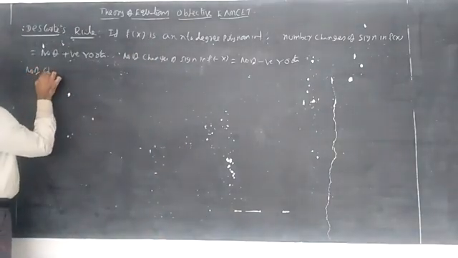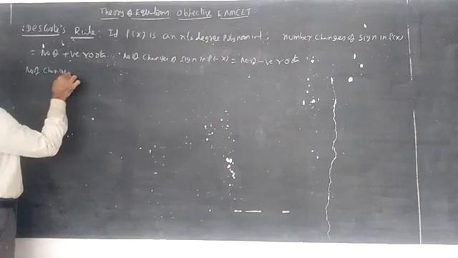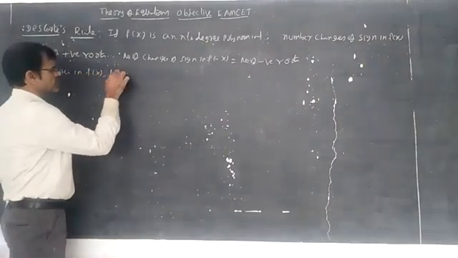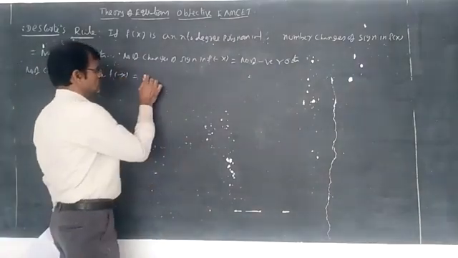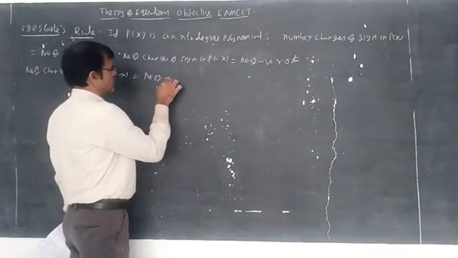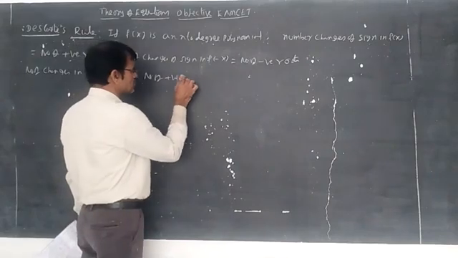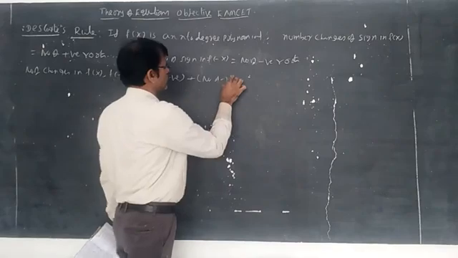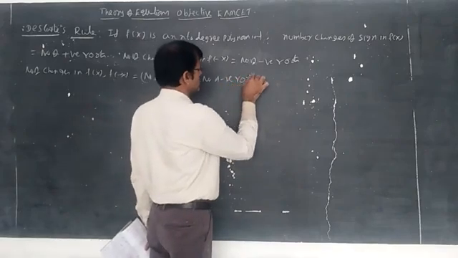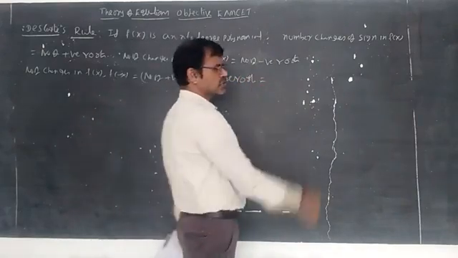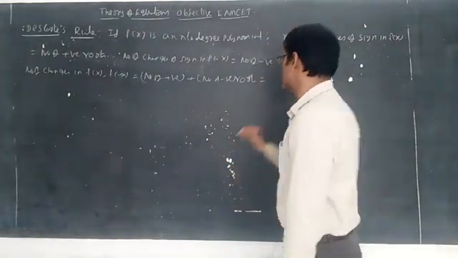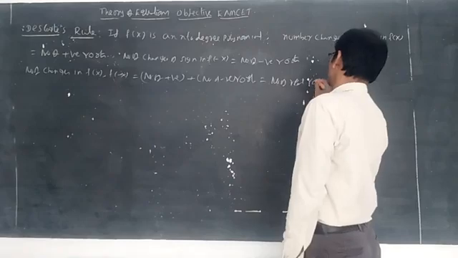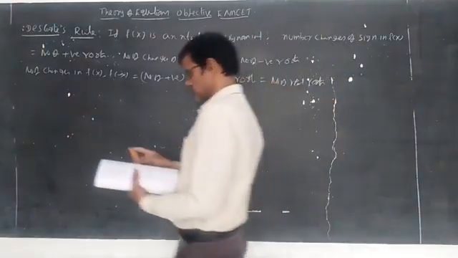Next, the number of changes in f of x and f of minus x is equal to the number of positive roots plus the number of negative roots, that is equal to the number of real roots.